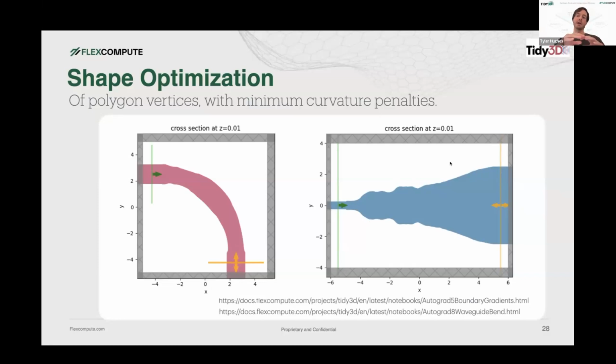It will automatically use the adjoint method to figure out what shifts in boundaries lead to more improvement in the objective function, and you can even apply more complicated parameterizations, such as a spline fit. It's a very powerful technique that we've applied in a few ways. Here on the left is a silicon nitride waveguide bend.